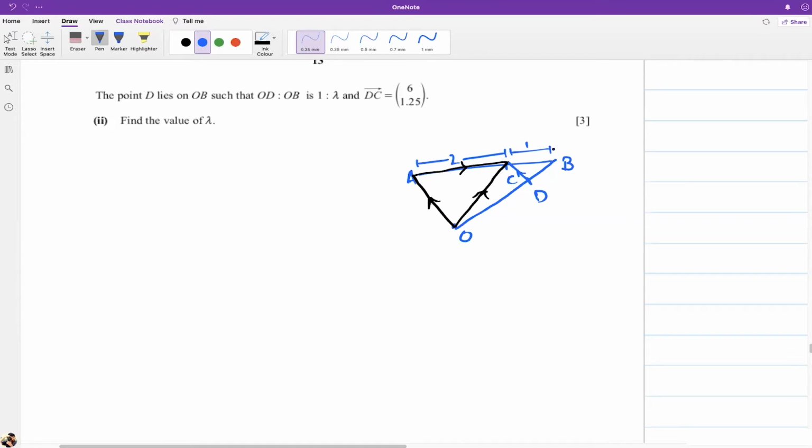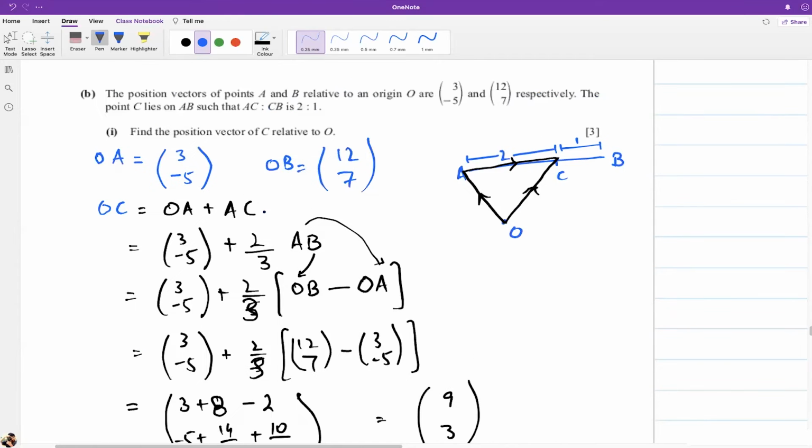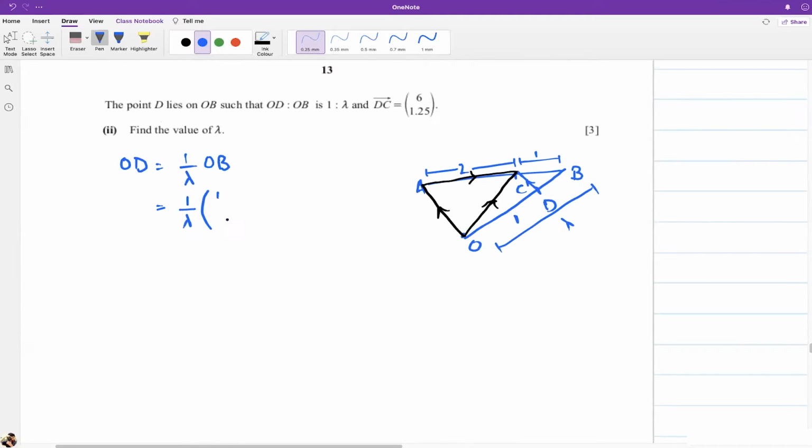Okay, so that's no problem. If this is 1, this whole thing is lambda. That's the relation basically. So we see that OD is 1 by lambda OB. We already have OB. OB is (12, 7). So it's going to be 1 by lambda times (12, 7).